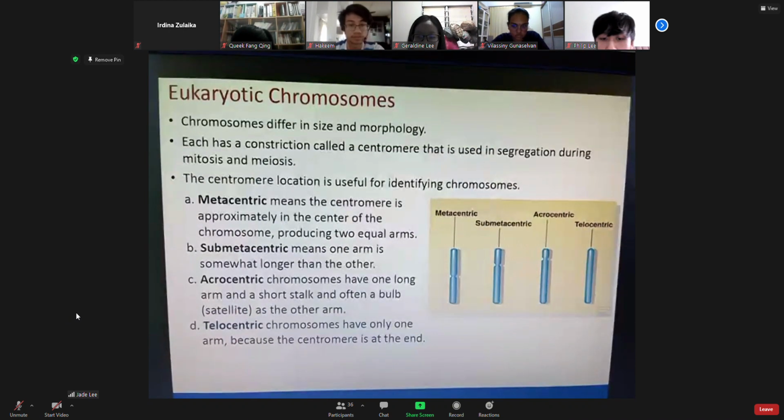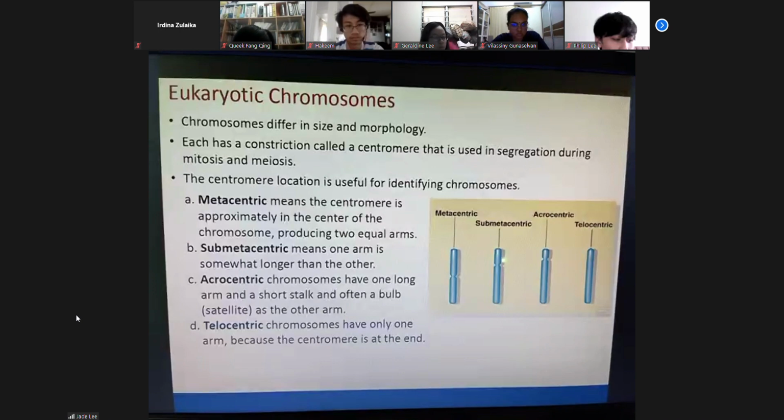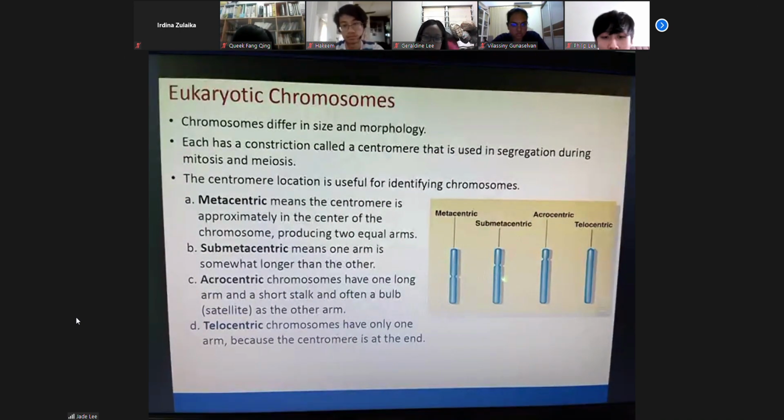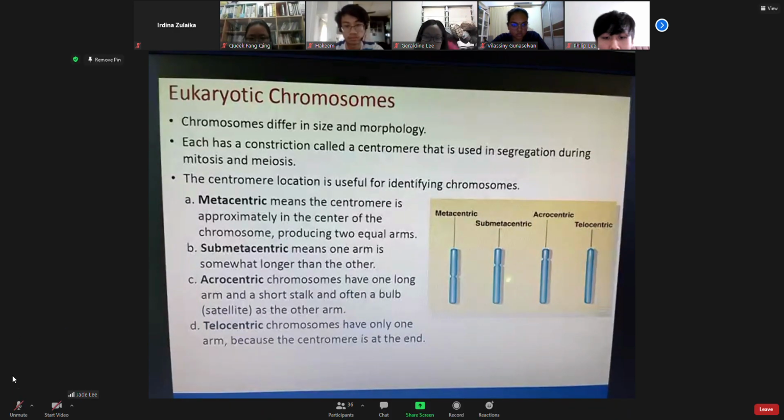For submetacentric, one arm is somewhat longer than the other. For example here, this is the P arm, this is the Q arm. The P arm here is slightly shorter than the Q arm. Can you see my pointer? Yes. Another one is the acrocentric. Acrocentric has one long arm and a very short stalk, often like a bulb, like a satellite.